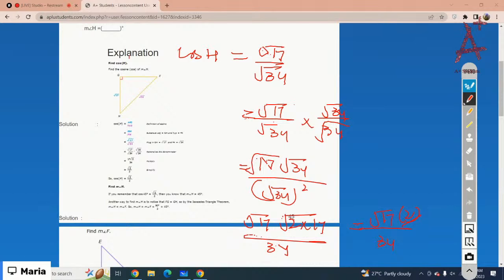We can take common 17, not 2. So it would be square root 17 times square root 2 over 34. So 17 times 1 is 17, 17 times 2 is 34. So it would be square root 2 over 2. The correct option is square root 2 over 2.